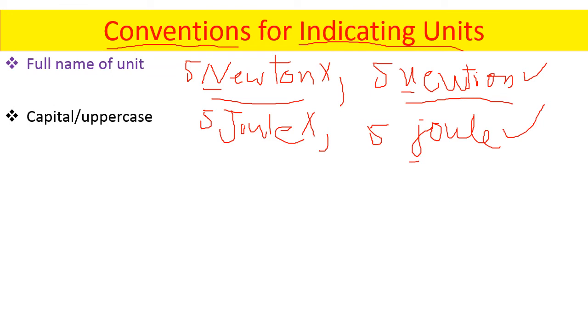The other convention is about capital or uppercase letters. If we write a unit like this, 3.5 newton, and we write like this, 3.5 N, then the first will be wrong and the second will be correct.